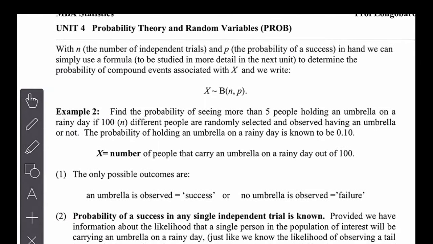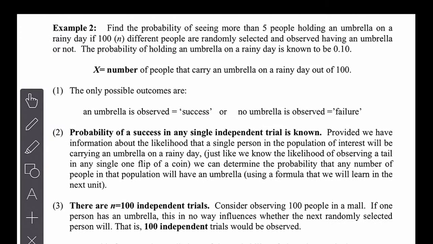Okay, so here's my example. Find the probability of seeing more than 5 people holding an umbrella on a rainy day if 100 different people are randomly selected and observed having an umbrella or not. So here's my experiment, or my set of trials. I'm going to look at 100 people, to say it more precisely.